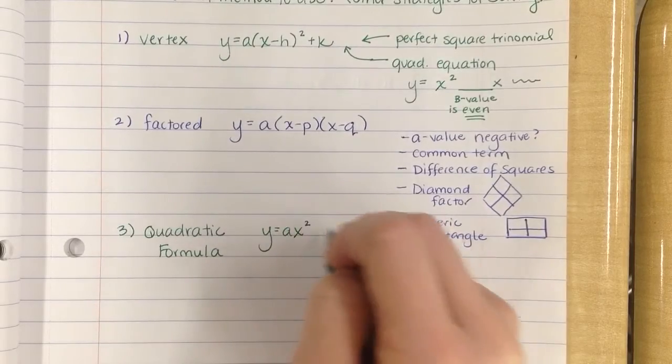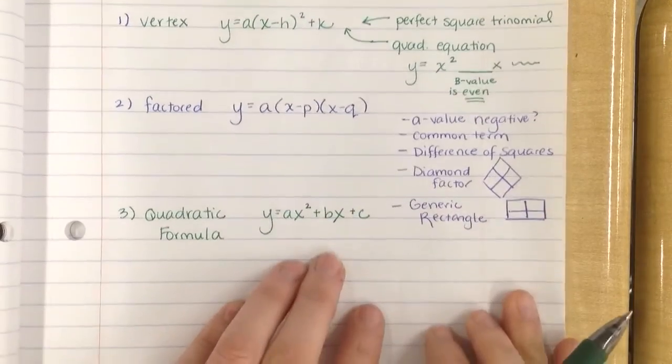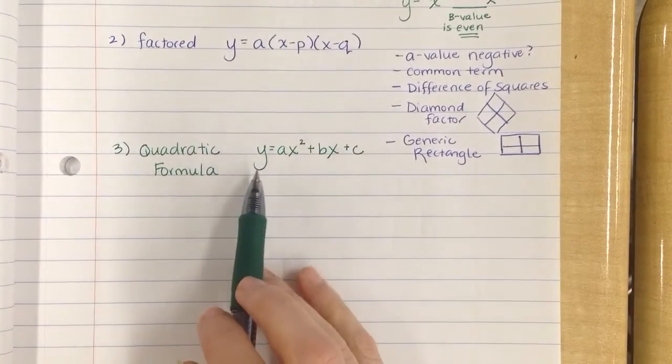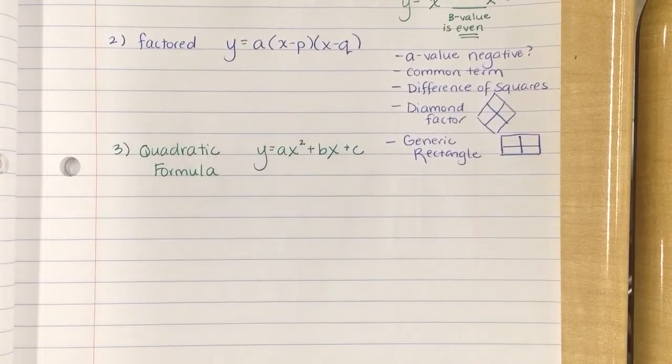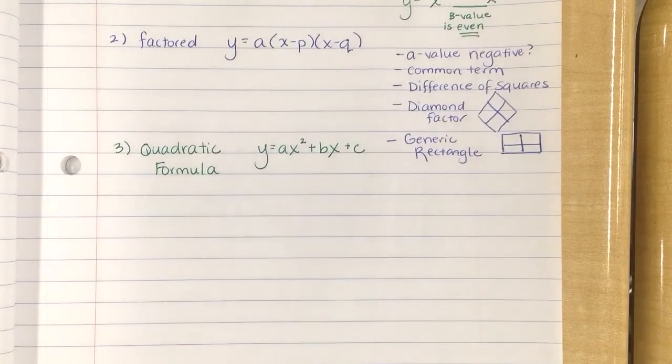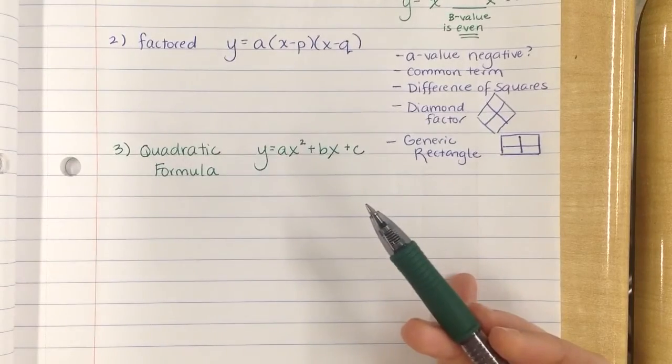We could use the quadratic formula for any quadratic equation that we're given. Anytime we have y equals ax squared plus bx plus c, when a is not 0, we could use the quadratic formula to solve for the roots of the parabola.